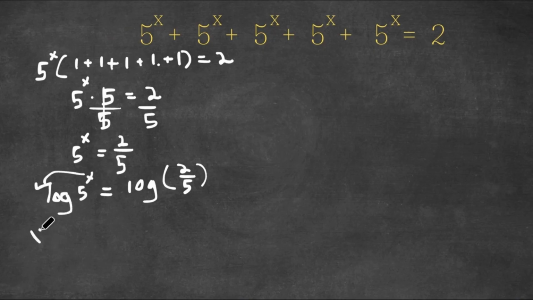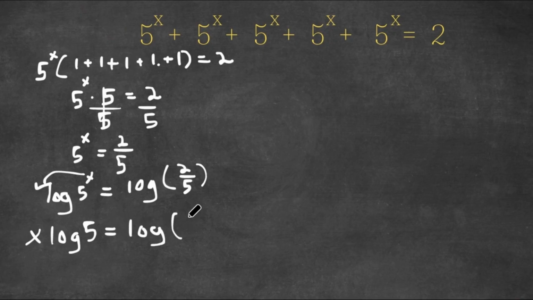So this would be x times log 5 is equal to log 2 over 5.